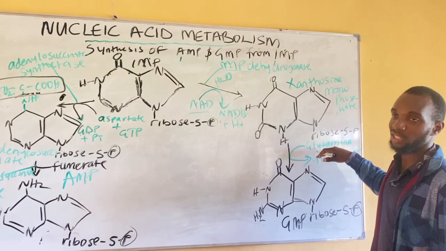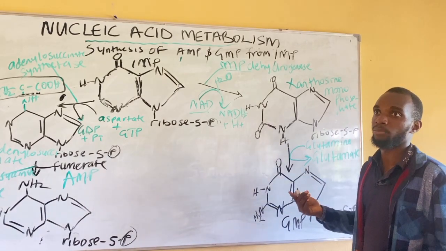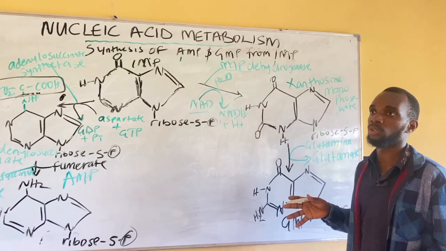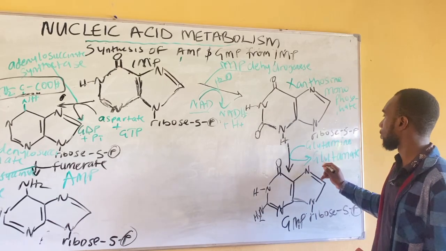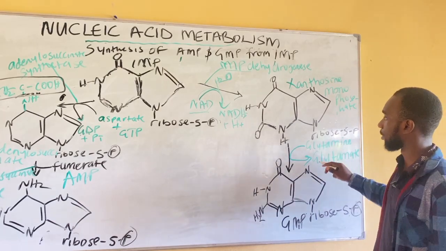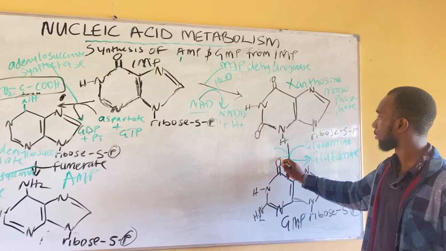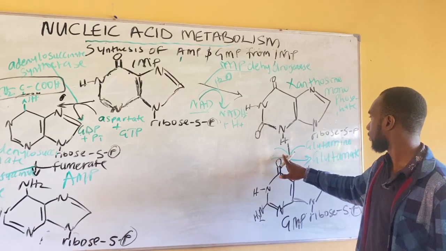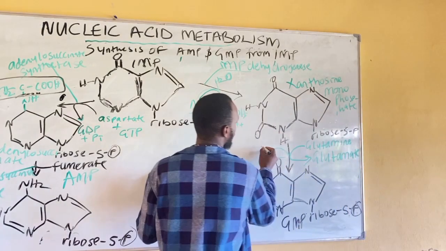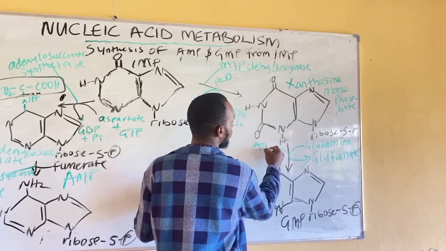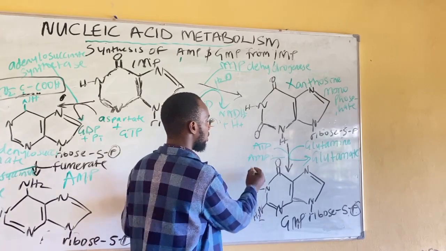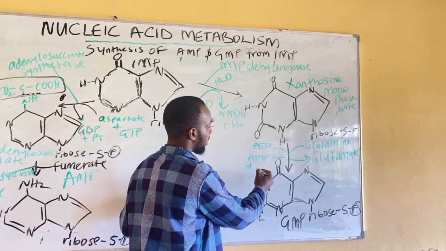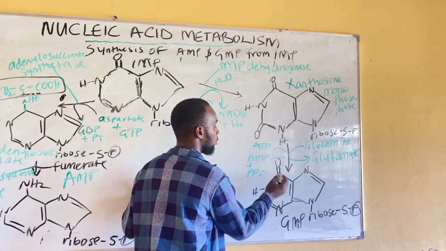If you want to understand this type of reaction, look at my video on synthesis of non-essential amino acids. ATP will come in as well, and then adenosine monophosphate will come out, as well as the two phosphate groups, pyrophosphate.